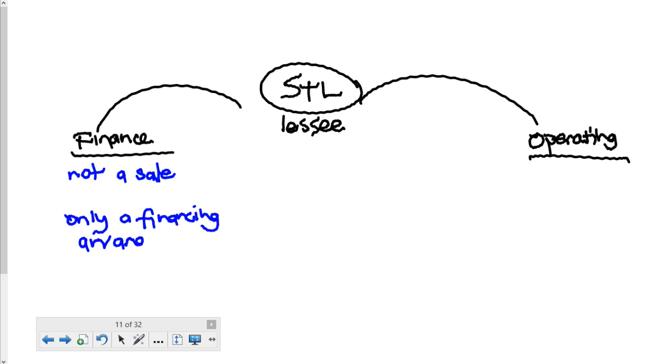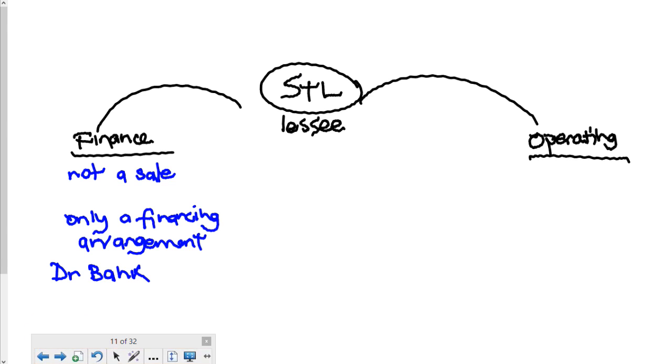And if you look at the journal entry, you'll see how it is only a financing arrangement, because I sell this asset to the bank. The bank gives me money, isn't it? Debit bank. The bank gives me money for this asset that I've sold them. But then I have to pay back the bank. How am I going to pay back the bank? Through a finance lease, isn't it? Credit finance lease liability.